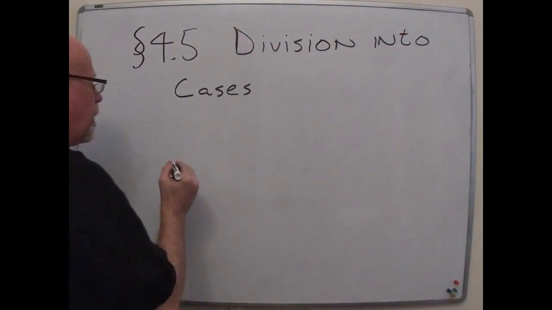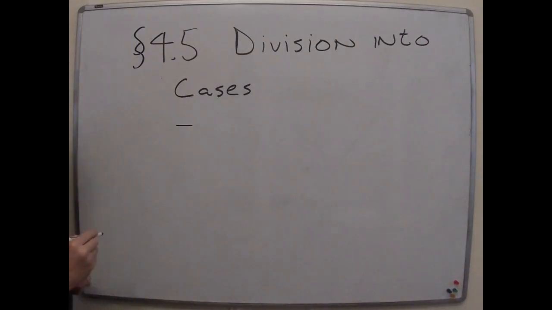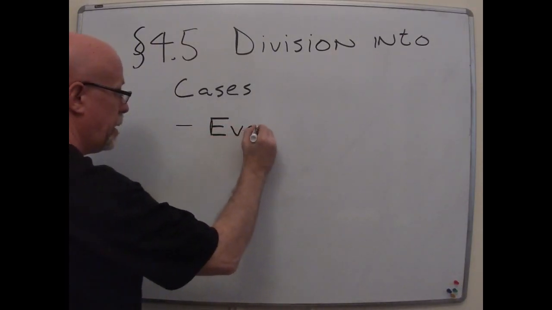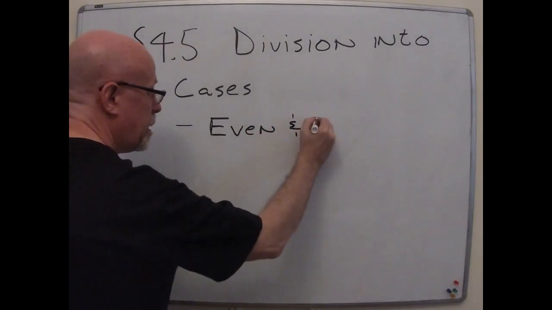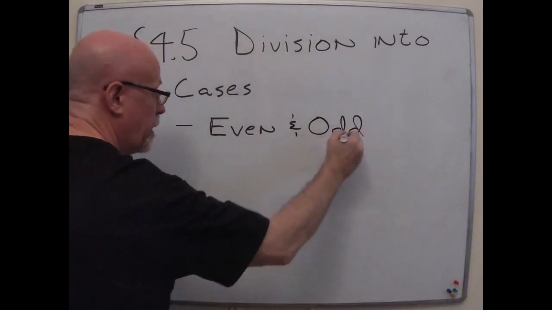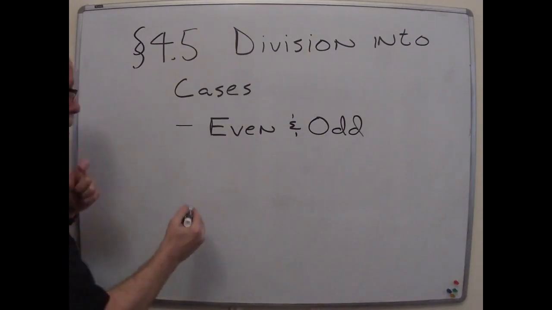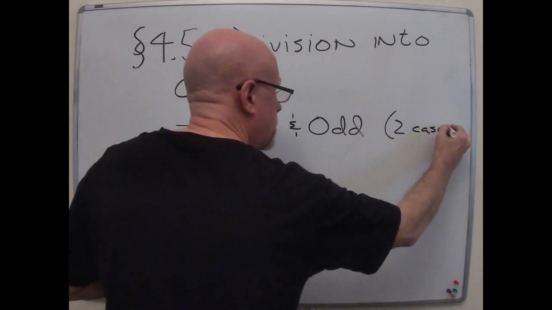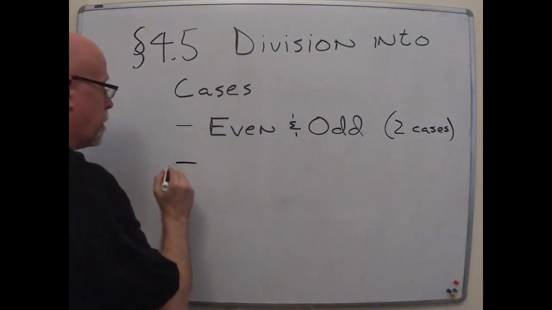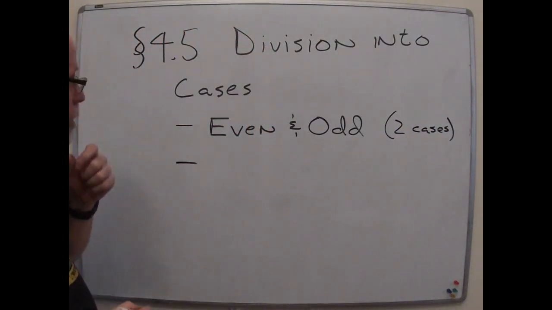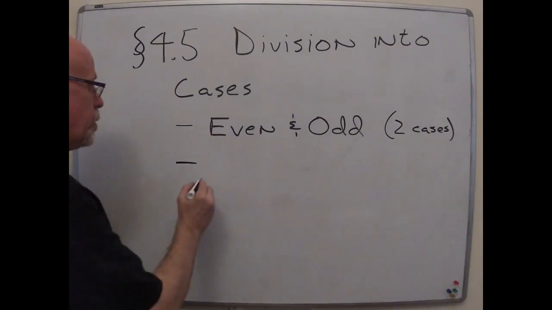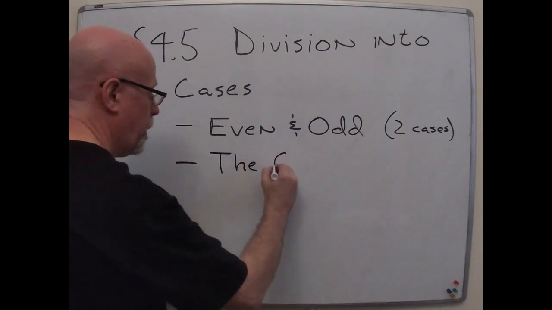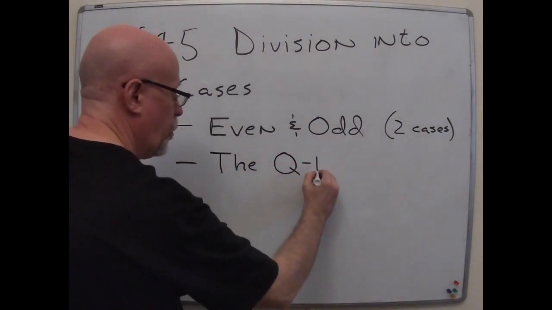So the granddaddy of all division into cases things is dividing things up based on even and odd. If you do even and odd, what you're talking about is two cases. Then there's the thing they mentioned in the official title of the section, the quotient remainder theorem. Hope you don't mind if I just abbreviate that as the QR theorem.